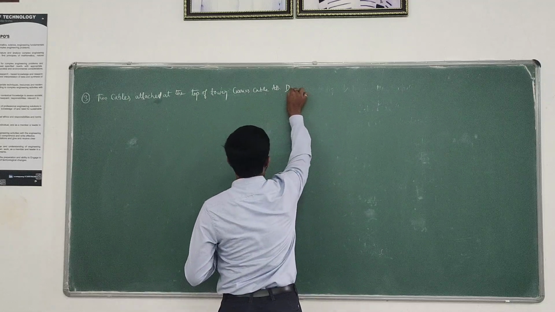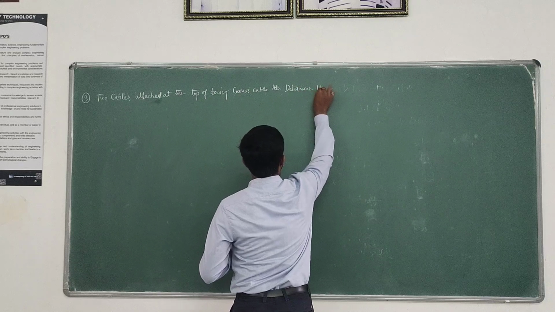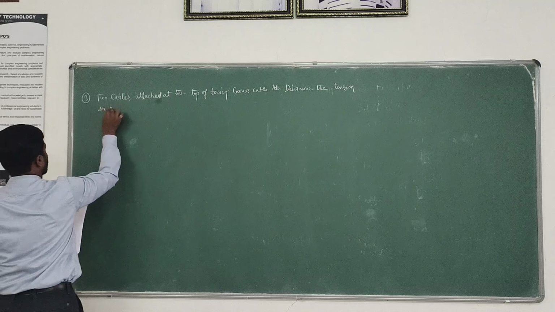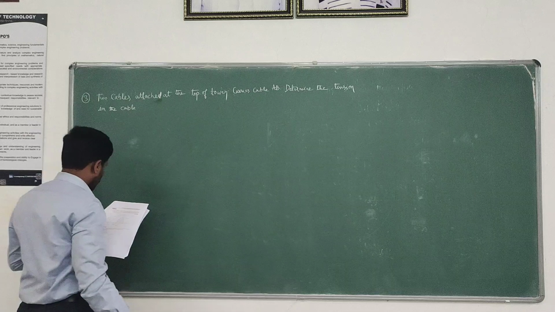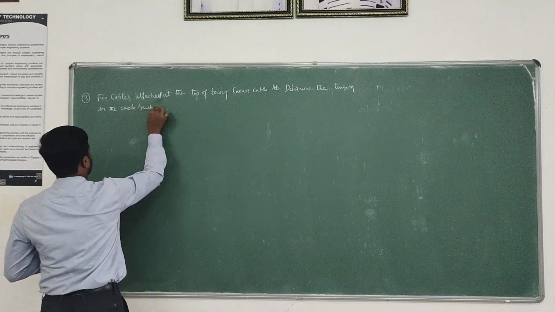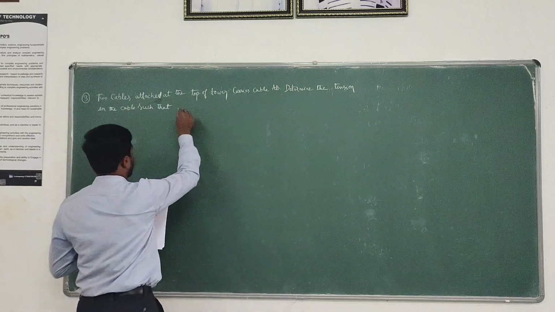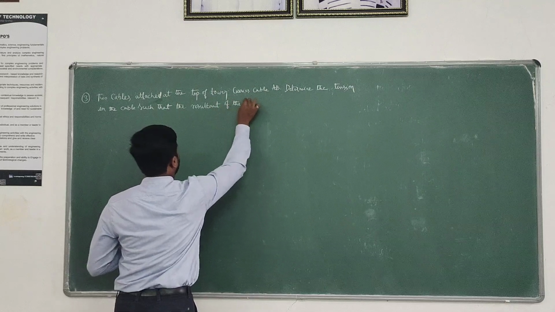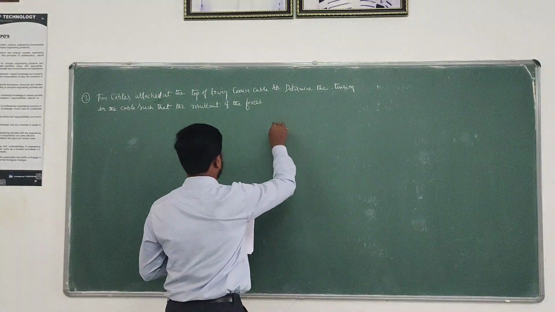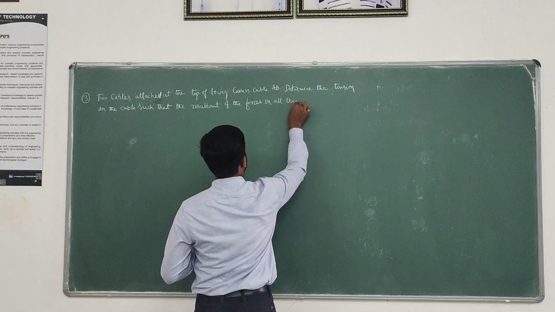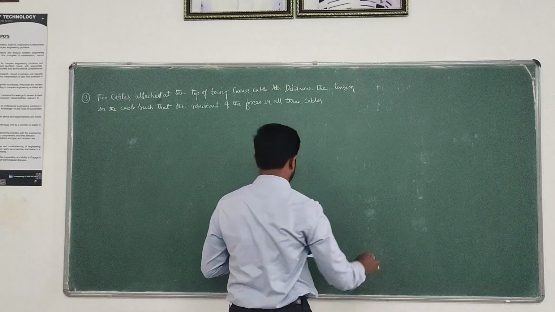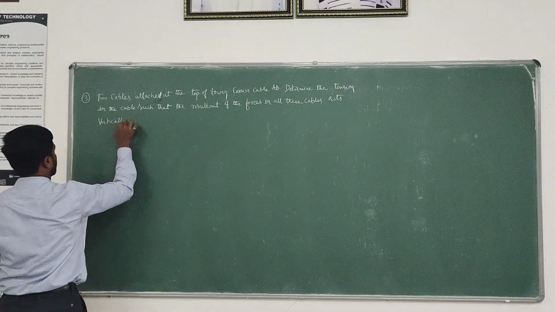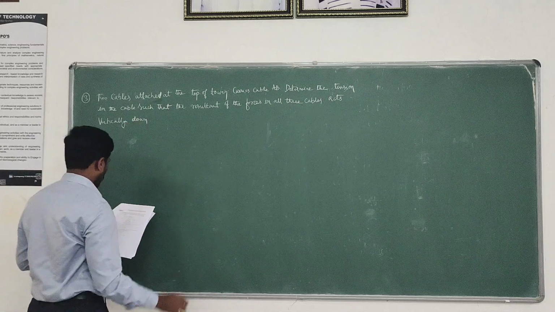Determine the tension in the cable such that the resultant of the forces in all three cables acts vertically down. Also find the resultant force.